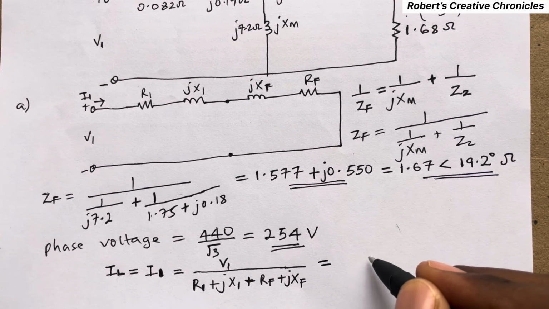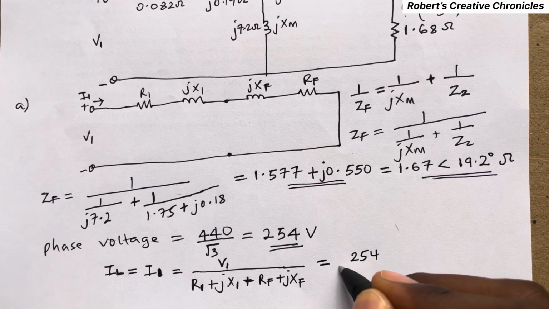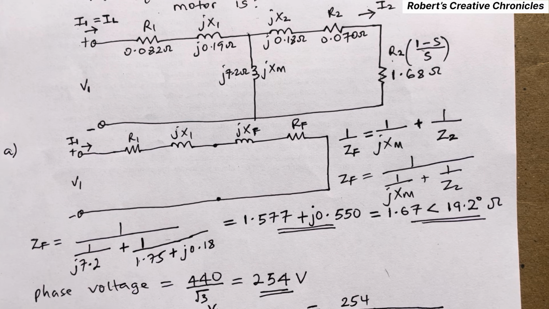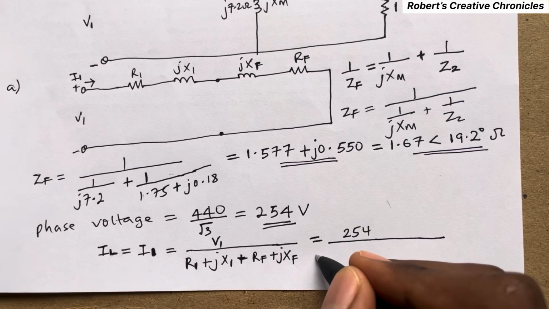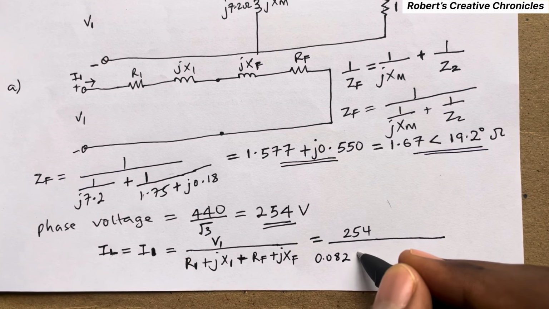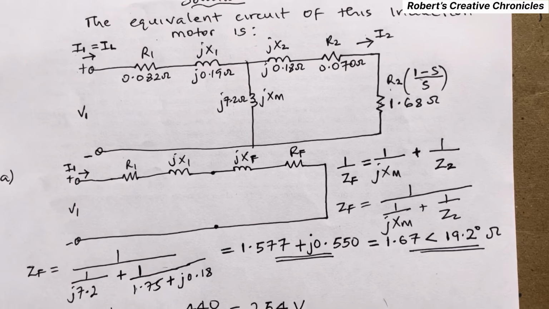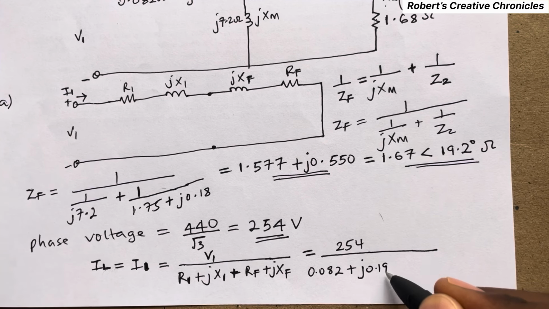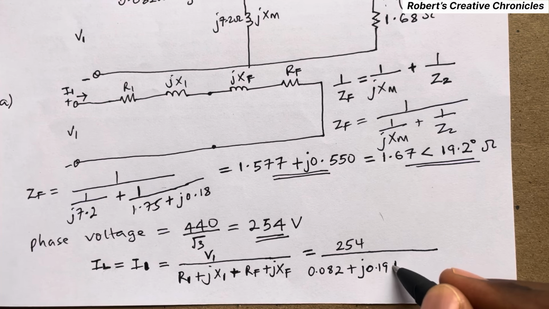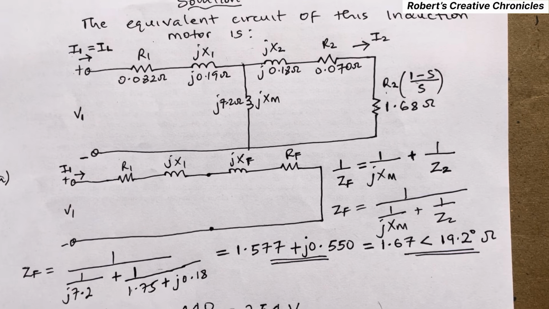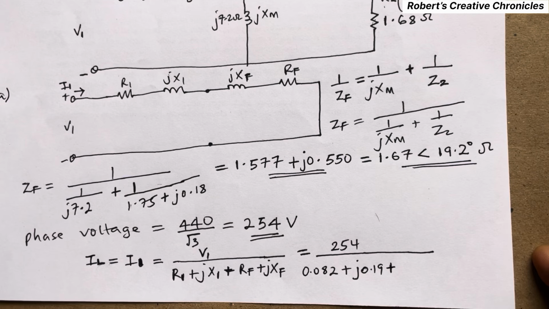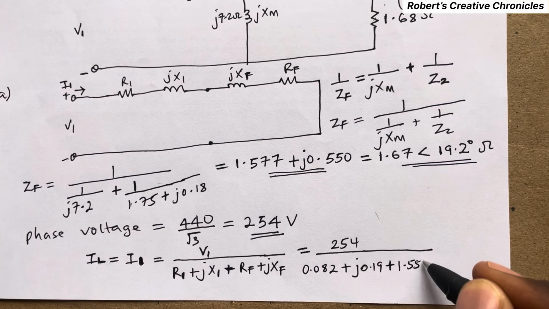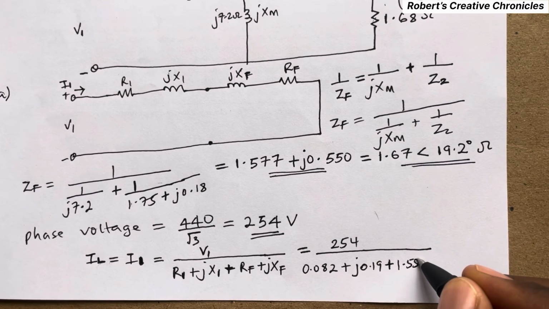V1 is 254 over R1, which is 0.082, plus j, X1 is 0.19, plus RF, which is 1.577.